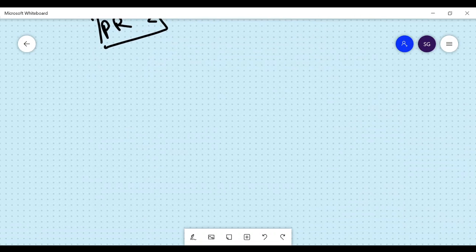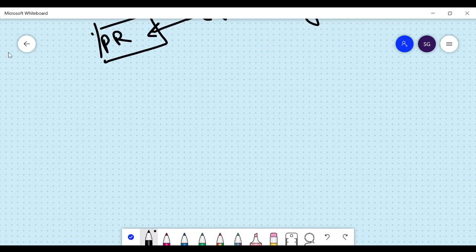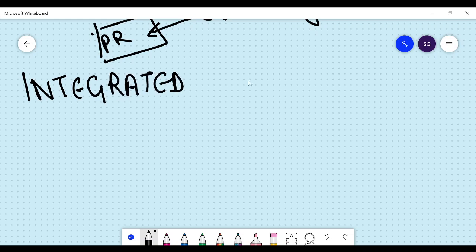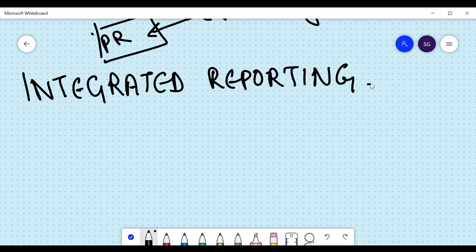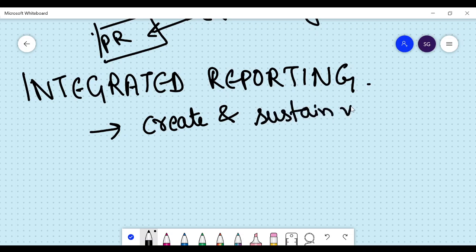Second point that we have to remember is integrated reporting. It is a concise communication about how an organization's strategy, governance, performance, and prospects lead to creation and enhancement of value over short, medium, and long term. It aims to explain an organization's ability to create and sustain value.